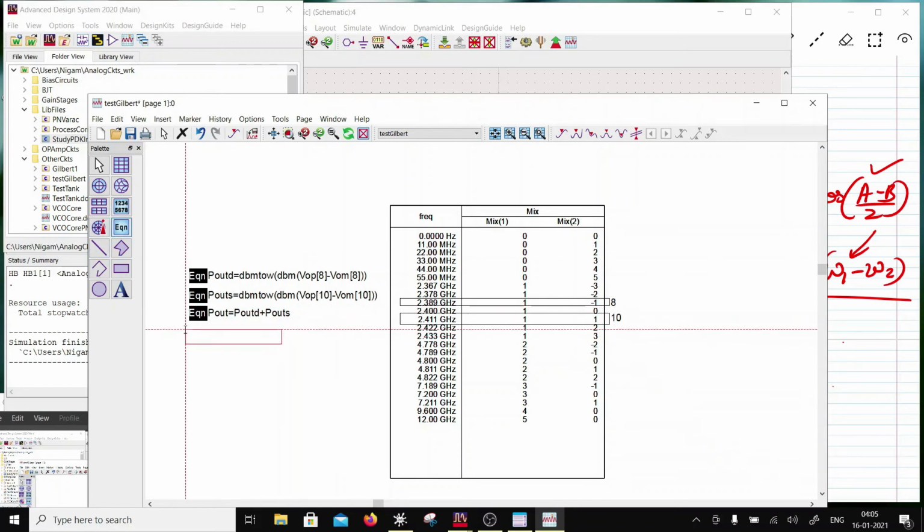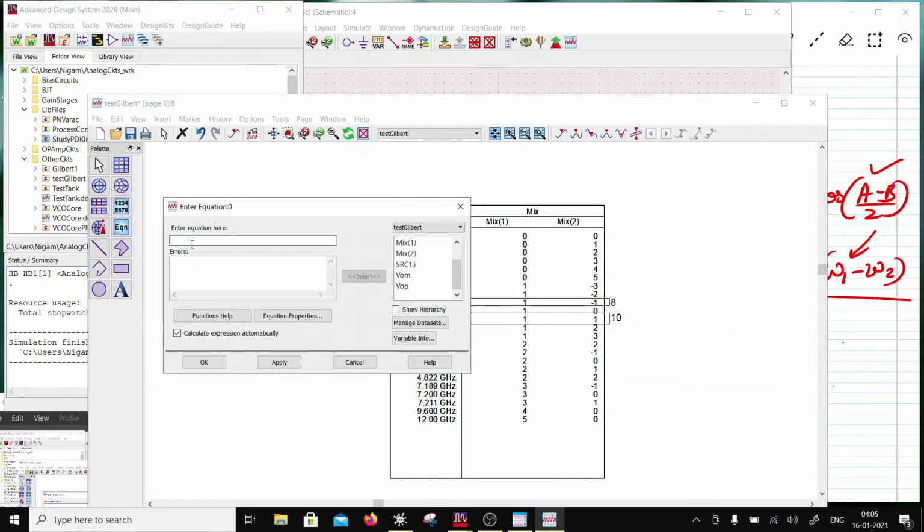And then P out in dBm. So P out in dBm will be equal to 10 log 10 of P out, correct? Plus 30. So we are in dBm, right? So plus 30, right? 10 log 10 of P out plus 30.